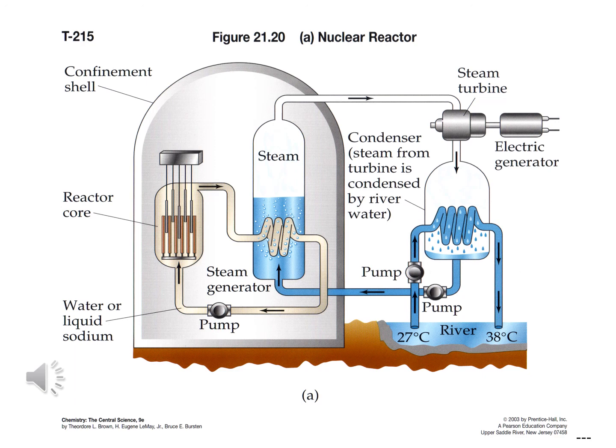And I don't remember which is which, but the Braidwood plant is one of those types, and the Dresden plant is the other type. So they boil water is the point.